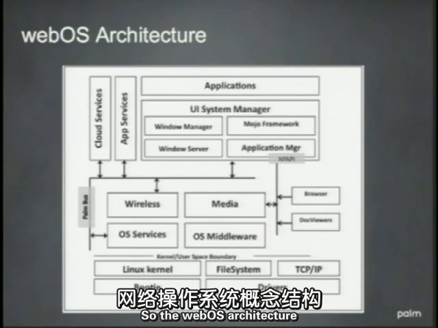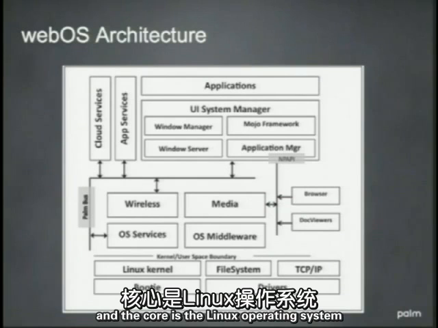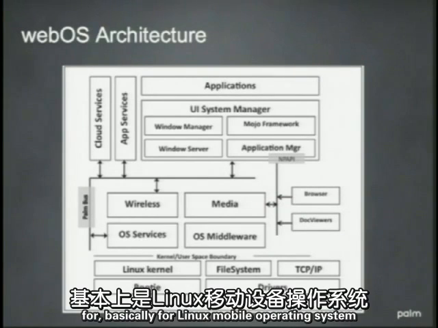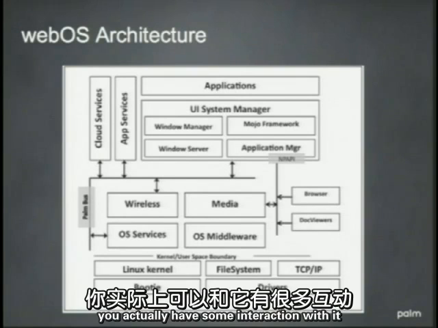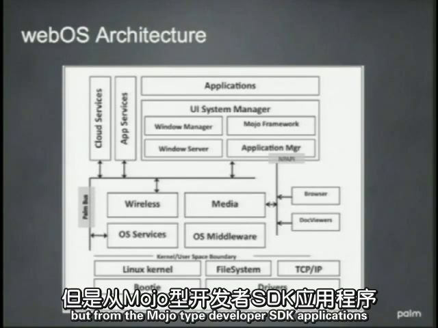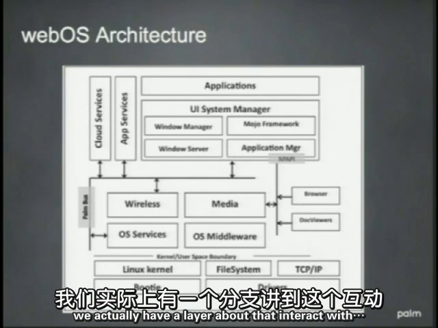So the WebOS architecture, at the core, is a Linux operating system, basically a full Linux mobile operating system. When you use the PDK, you actually have some interaction with it. But for Mojo web-type developer SDK applications, we have a layer above that you interact with.